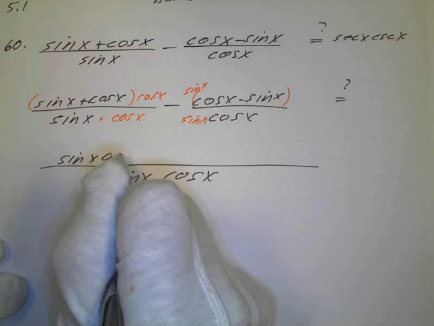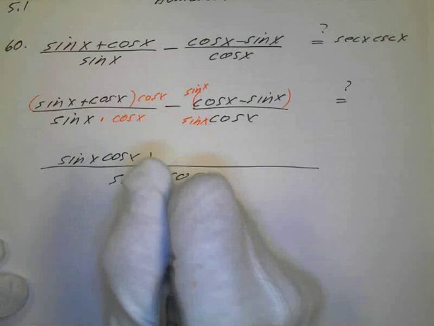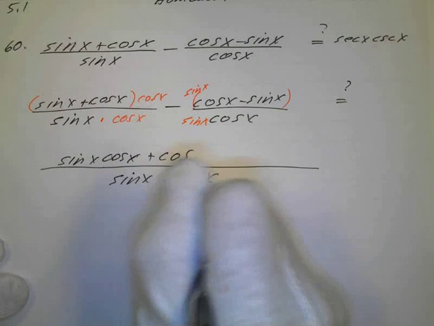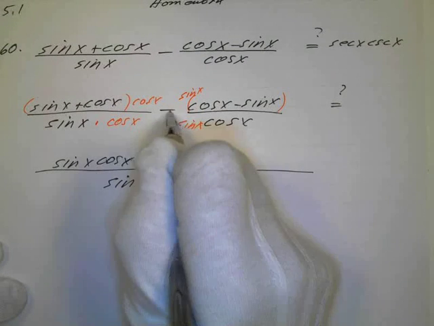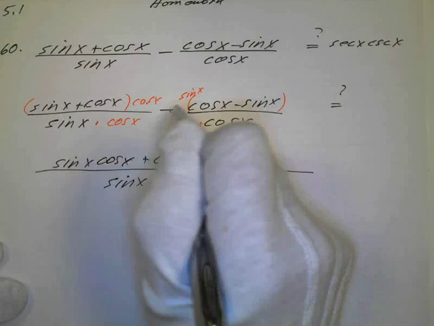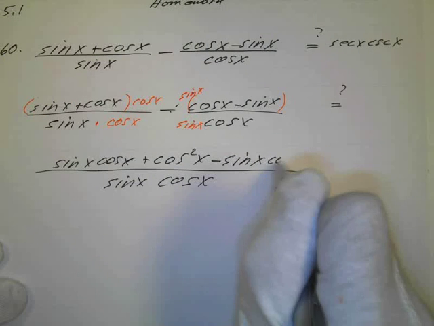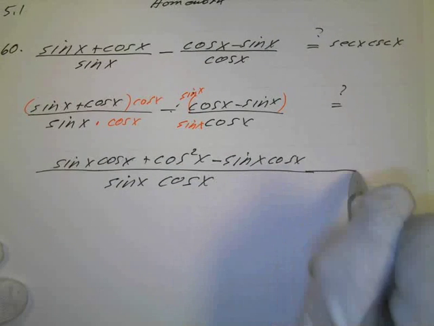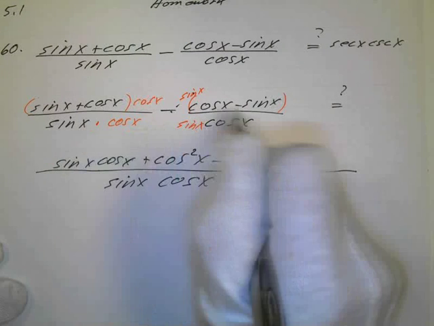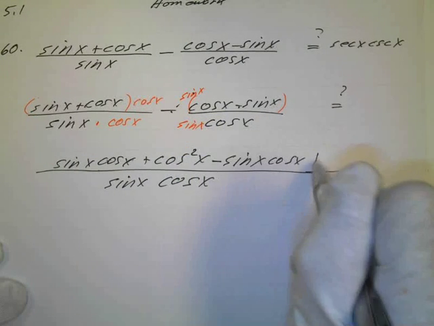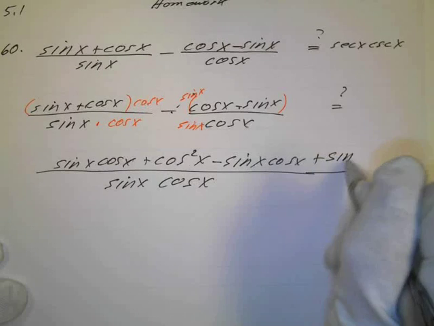Sine x cosine of x, and then I've got plus cosine squared of x. And then over here I've got negative. And this is a negative sign, so it's going to be a negative sine x cosine x. Oops. And what's a negative times a negative? That's a positive sine squared of x.